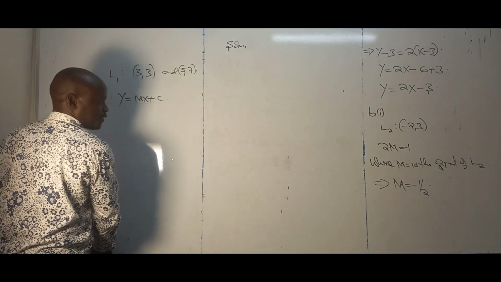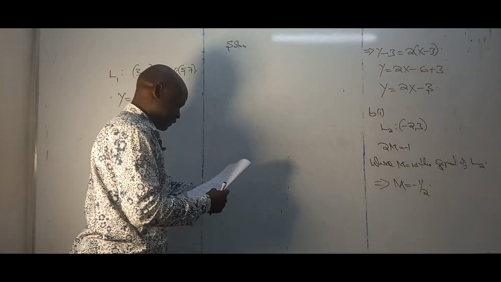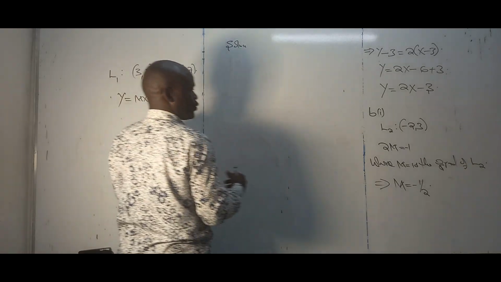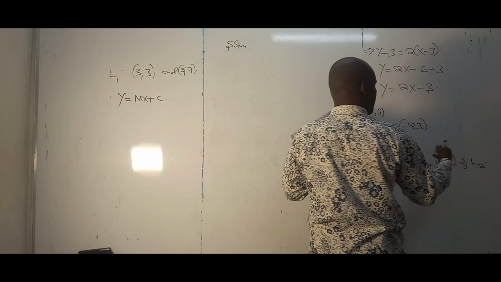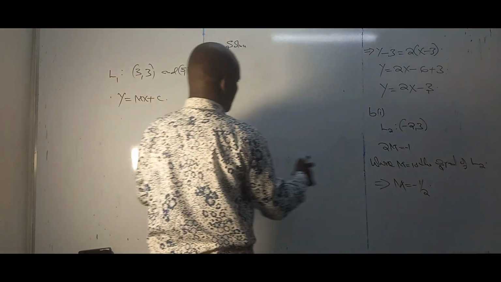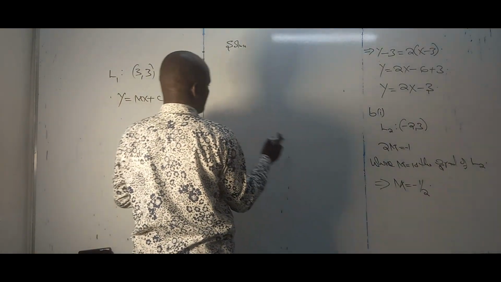If that is the case, then I can now specify the equation, because what we are asked is the equation of L2. Using the point (-2, 3) and this gradient, it's possible for me to specify the equation by again picking an arbitrary point.